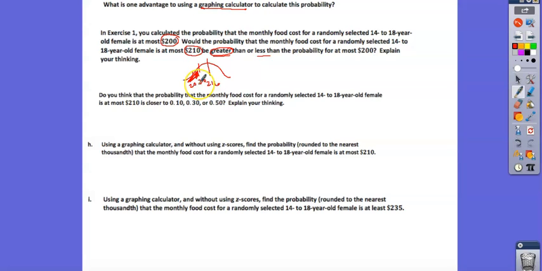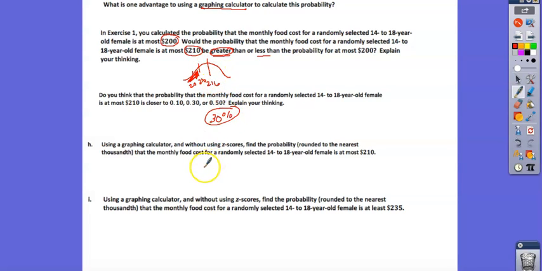I would say 10% is way too small. And 50%, no, can't be 50%. It would be way over there. So I'm going to say the area to the left, I would go with 30%. Because I think 10% is too small. 50% would have to be right here at the 216. So I'm going to go with 30%.